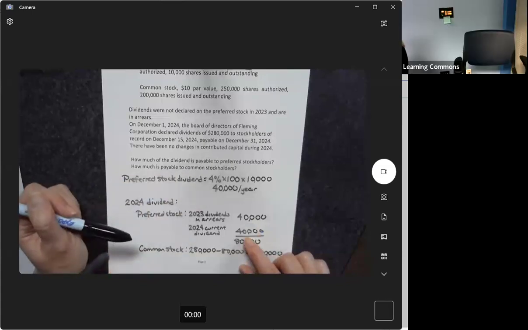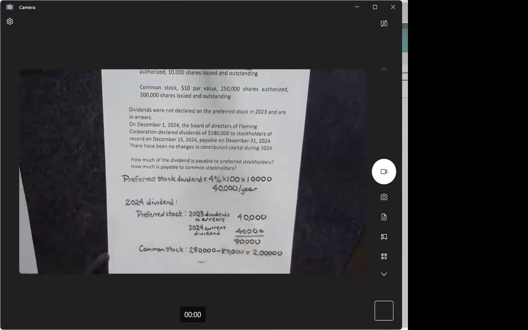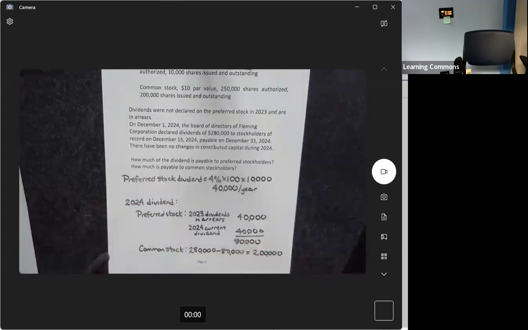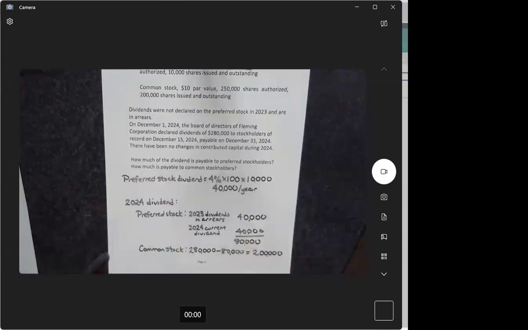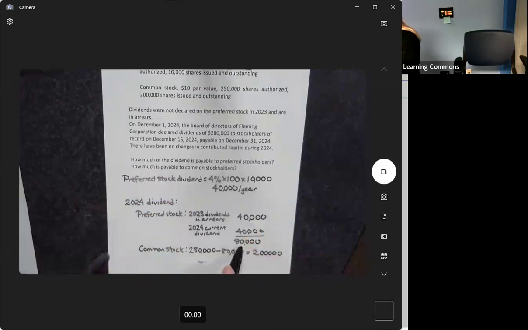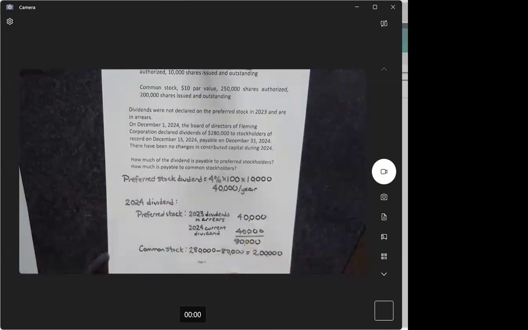So that's the key with cumulative preferred stock: you get paid those dividends in arrears if there's any year when a company misses the dividend. So $80,000 goes to the preferred stockholders.